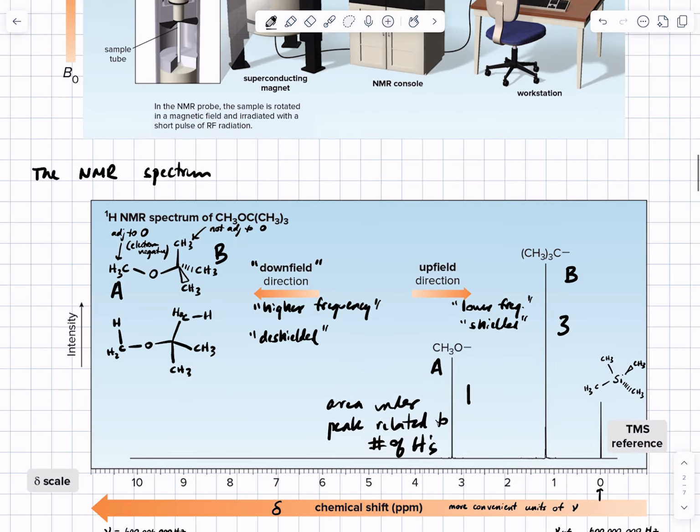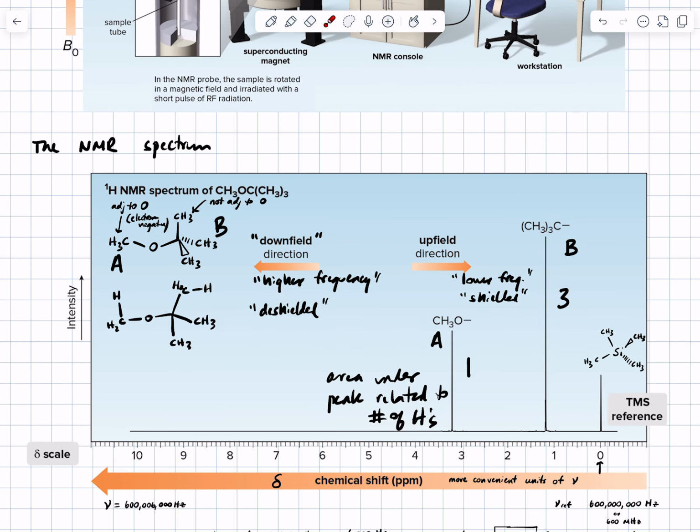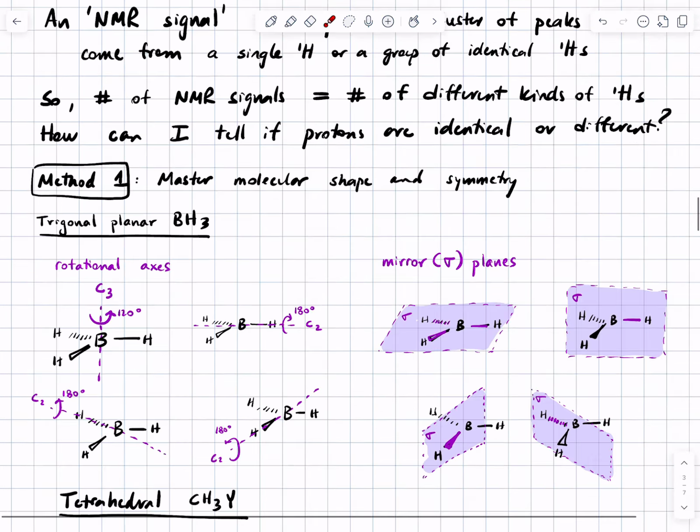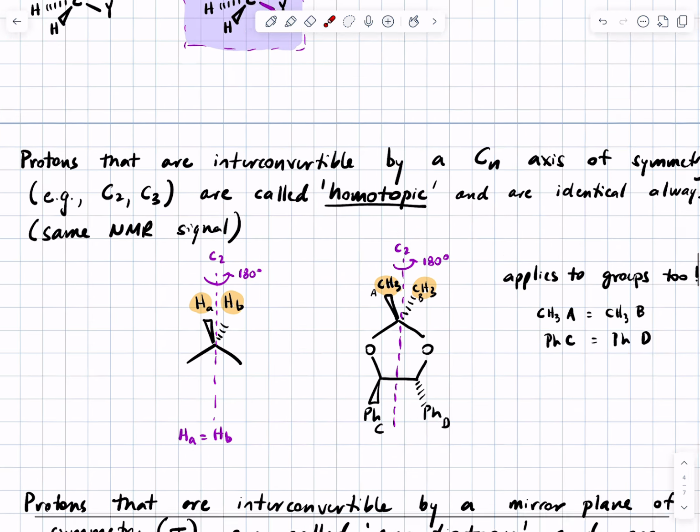The example that we saw earlier, the protons on the methyl group are homotopic with each other. The protons on these three methyl groups are homotopic with each other. The A and B protons, this methyl group versus the tert-butyl group, those are just plain different. Okay? So let's talk about what we mean by homotopic.